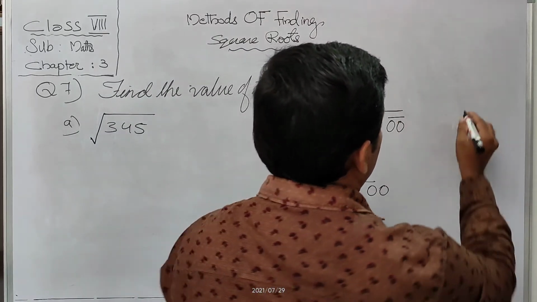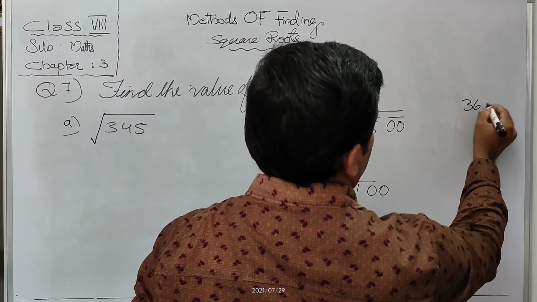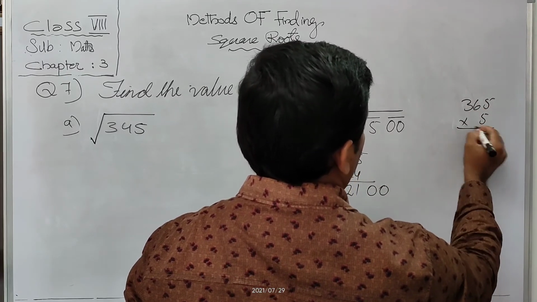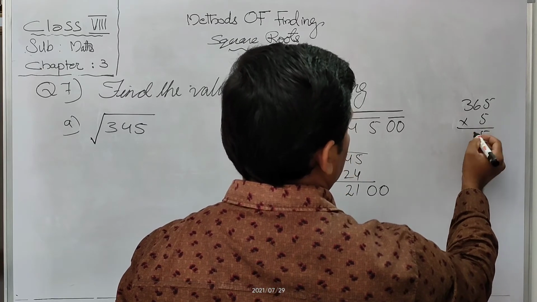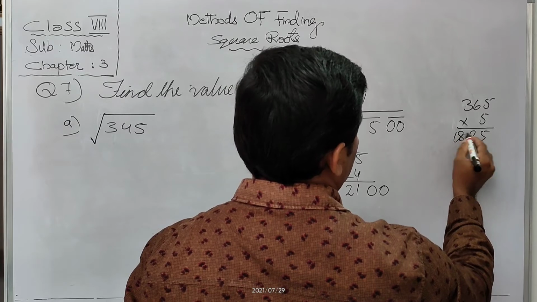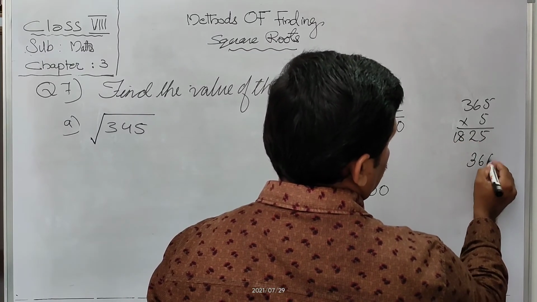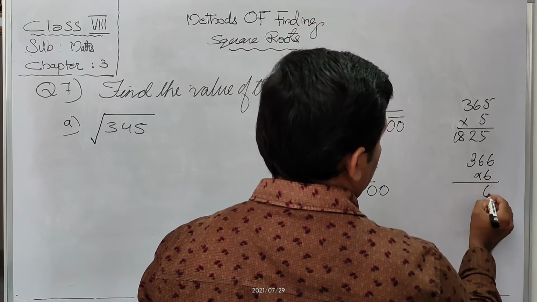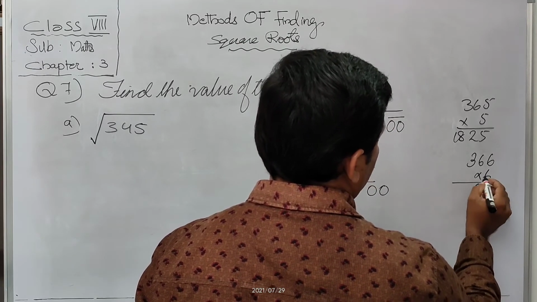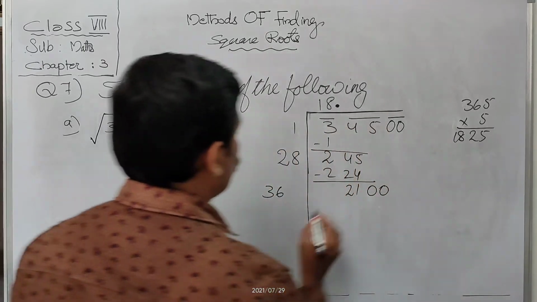Therefore we check with 5, 365. 365 into 5. 5 5s are 25, remainder 2, 6 5s are 30, plus 2, 32, remainder 3, 3 5s are 15, plus 3, 18, 1825. If you take 6, 366 into 6, 6 6s are 36, 6 6s are 36, 39, remainder 3, 3 6s are 18 plus 2, 20. It will be more than that. So it will be 5.